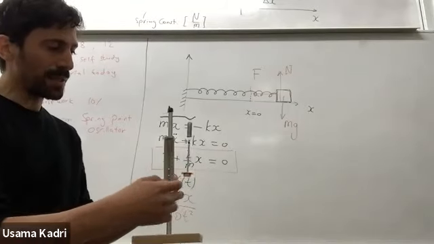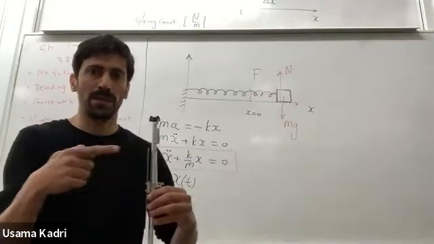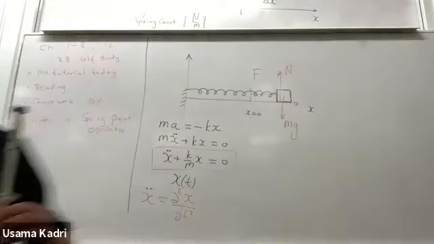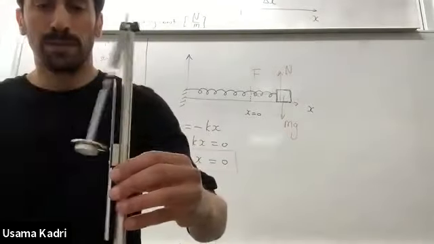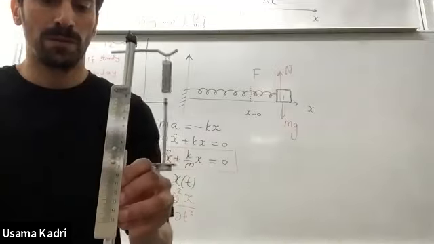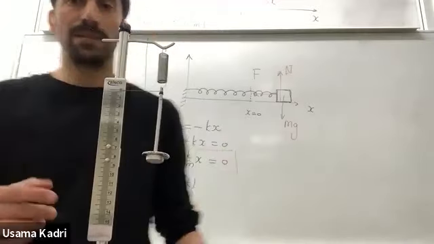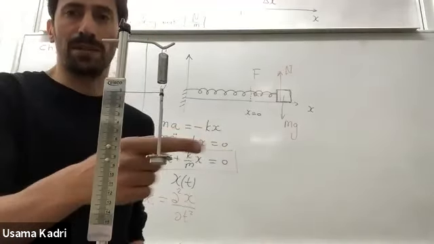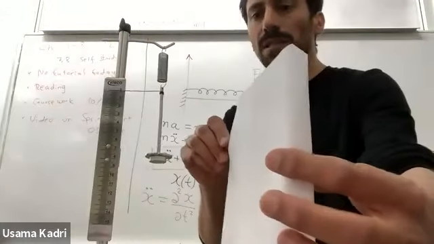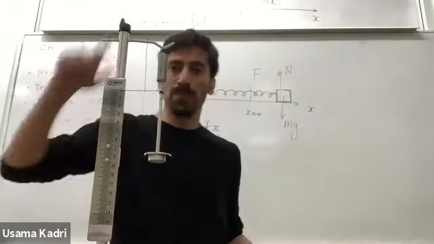As it's oscillating, I can attach to it some spray, let's put it on that side, spraying in that direction. When this is oscillating up and down and spraying at the same time, I can simply have a roll on this side and move it with a constant velocity, and that would give me the shape of the solution.